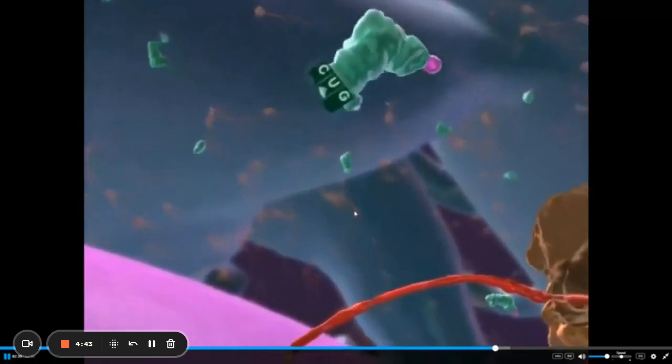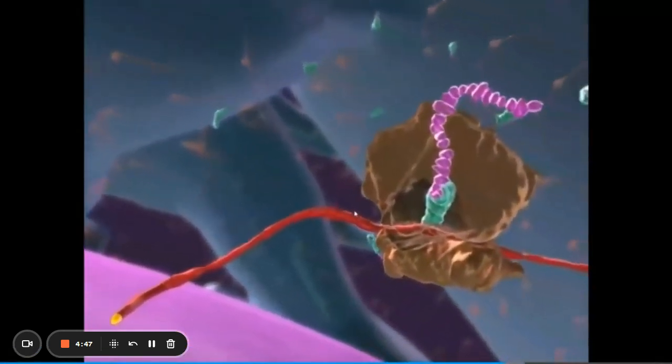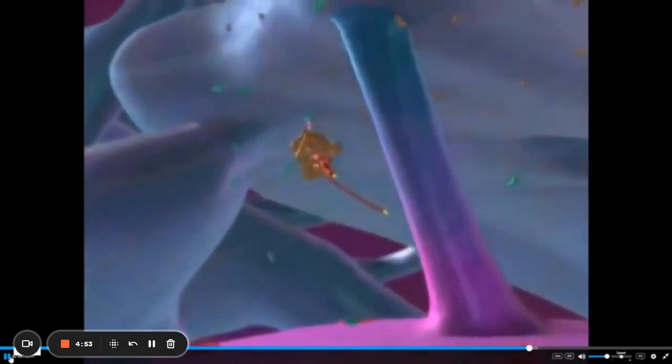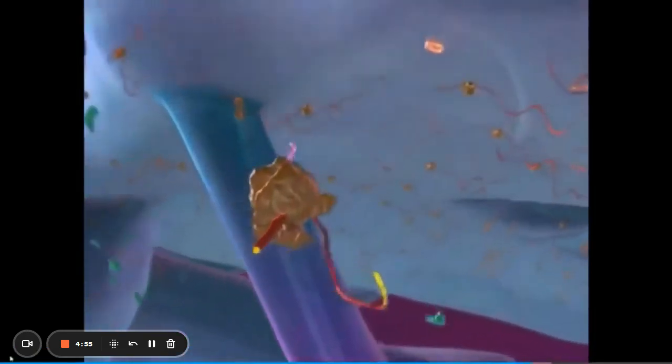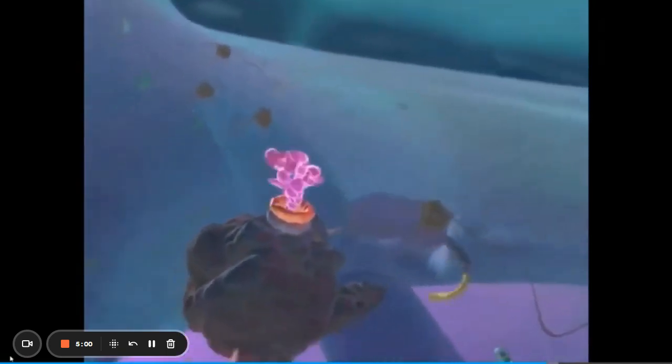In this way, the message in mRNA is translated into a specific sequence of amino acids. For proteins that will be secreted from the cell, like insulin, the ribosome docks on the rough ER, and the protein grows into the ER compartment.